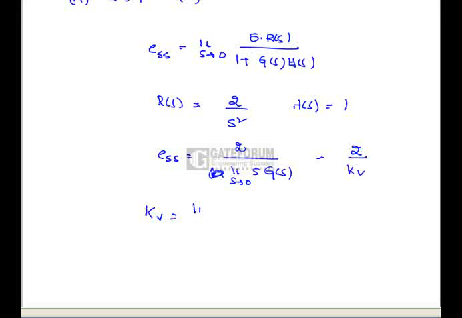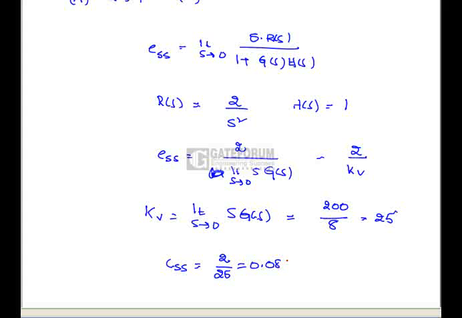Kv is nothing but limit S tends to 0 S G of S, which is equal to 200 by 8, which is equal to 25. So ESS equals 2 by 25, which is equal to 0.08.